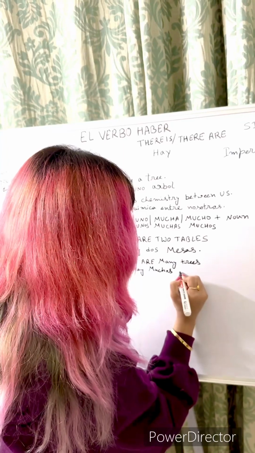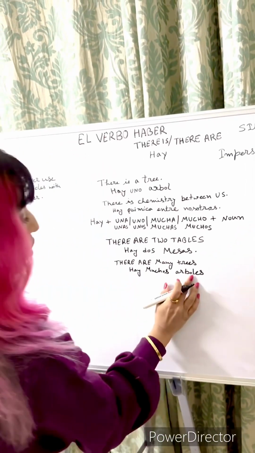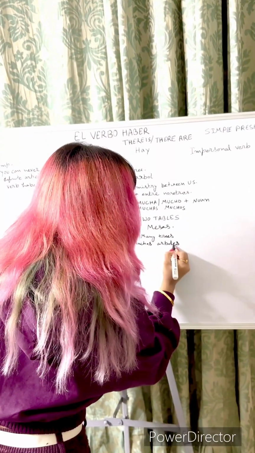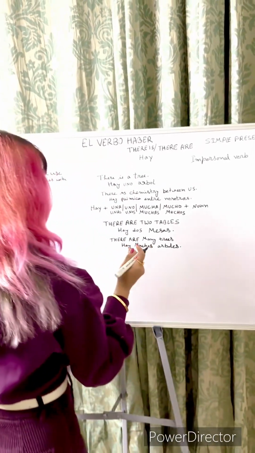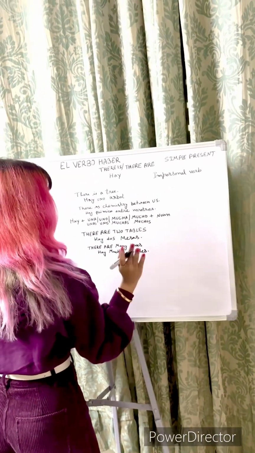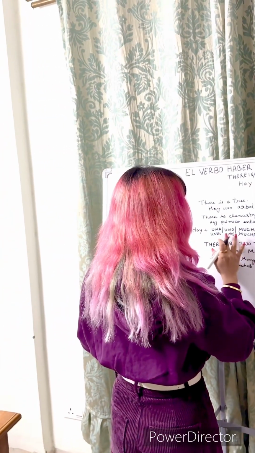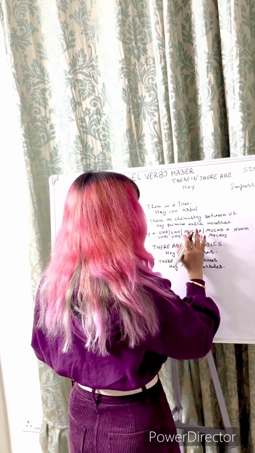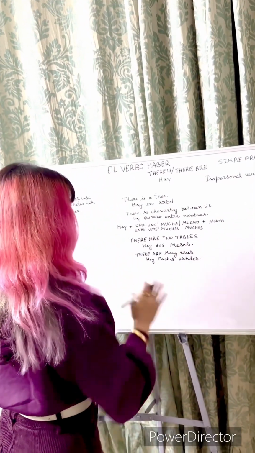Hay muchos árboles. If a noun is ending in a consonant, we are supposed to add es to make it plural. So árboles. So now we understand that una is used for feminine, uno is for masculine noun, and mucha is for feminine, muchos is for masculine noun.